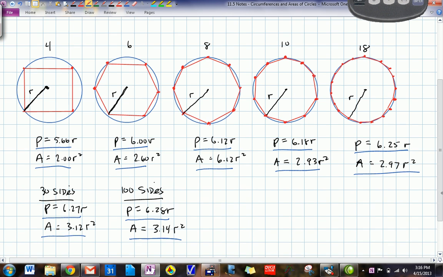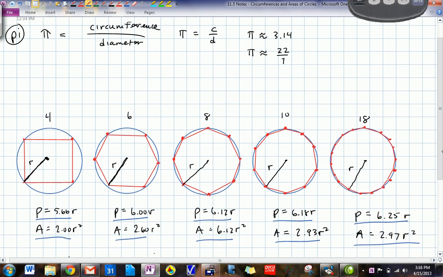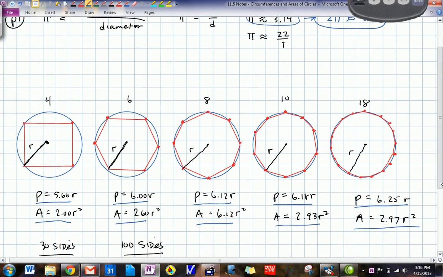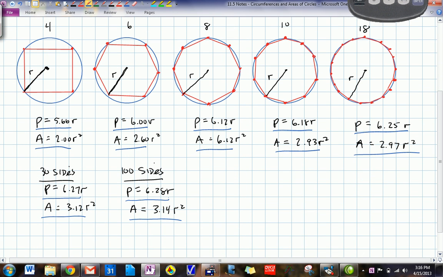Okay? Well, let's think why the last numbers are significant. If pi is equal to 3.14, then that means that 2 pi is approximately equal to 6.28. So keep those two numbers in mind. 3.14 is approximately pi, 6.28 is approximately 2 pi. So down here, in the 100-sided figure, the perimeter is equal to 6.28 times r.